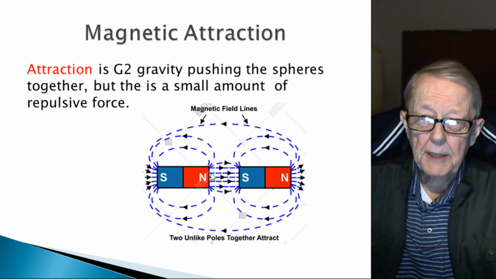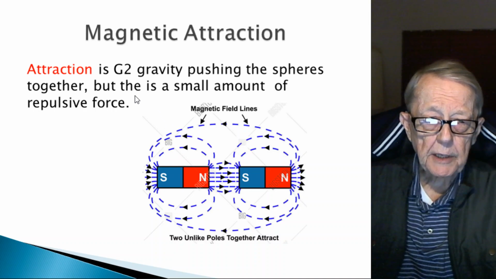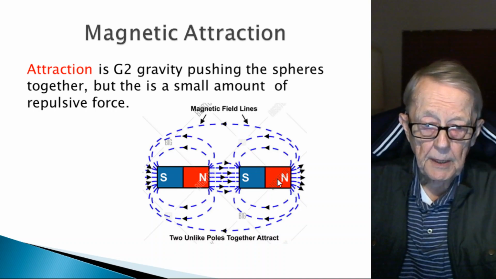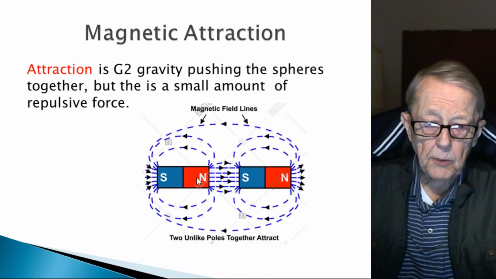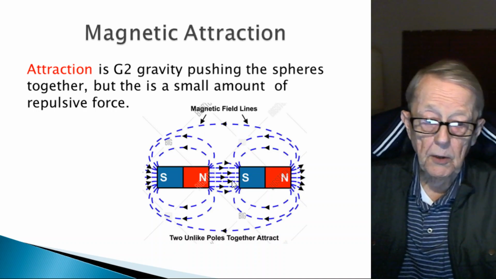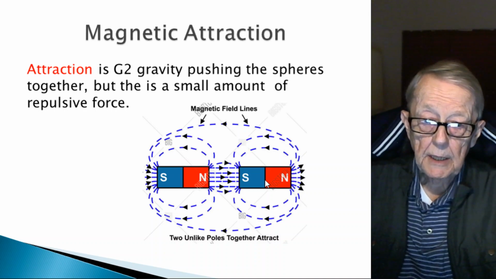Well, things are not that simple. Attraction is G2 gravity pushing the two spheres together, and I just pulled this as magnets now. And so you've got, with this, where you have north and south facing each other, and you've got G1 particles flowing around and through these magnets. It's really not the flow of the G1 particle that causes attraction.